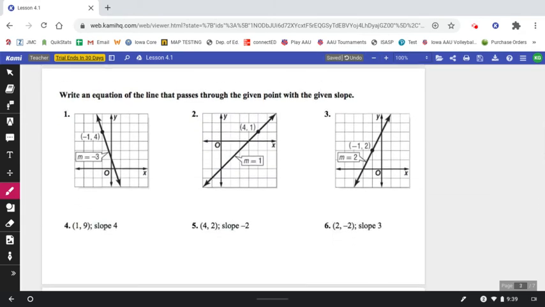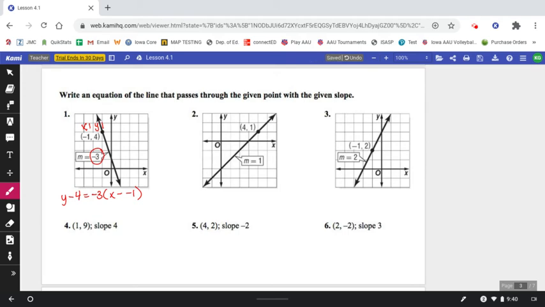So here's a couple examples. Write the equation of a line that passes through the given point and has the given slope. So for the first one here, on the point, I'm going to label it x1, y1, and I know that my slope is -3. So I start with y minus, y term is 4, equals -3, parenthesis, x minus the x term.